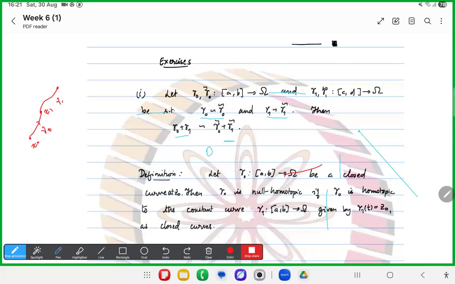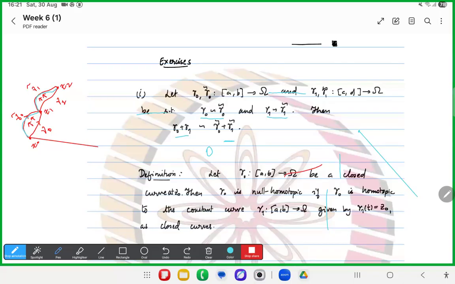Gamma naught is homotopic to gamma naught tilde, so there exists a deformation from this curve to gamma naught tilde, and here also for gamma 1 tilde you have a deformation from gamma 1. Now if you take the concatenation of these two curves, this is the second curve.